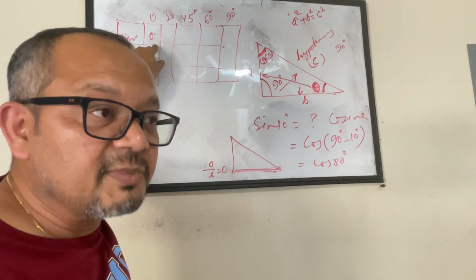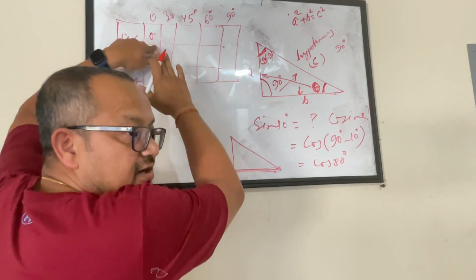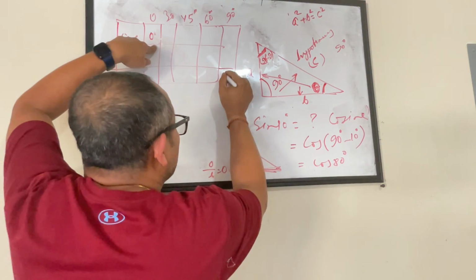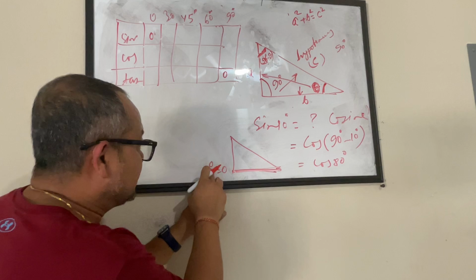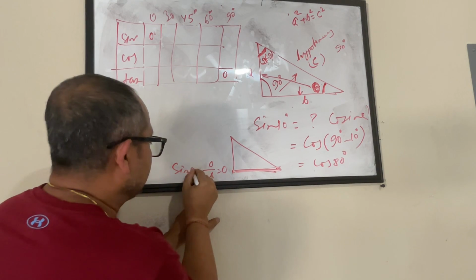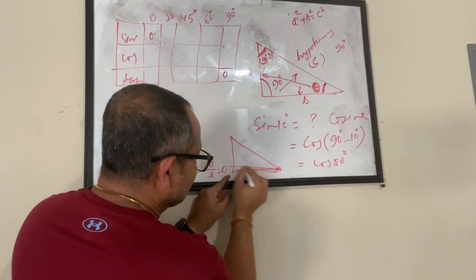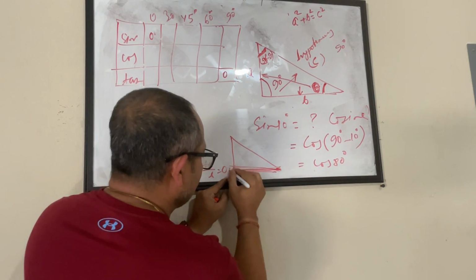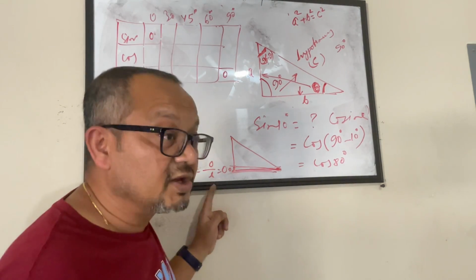Now, since you know that the sine of theta is equal to the cos of the complementary angle, cos of 90 degrees will be 0. Since sine of 0 degrees is equal to 0, because when I say 0 degrees, this line is literally falling on this base, so this height is almost 0, meaning 0.